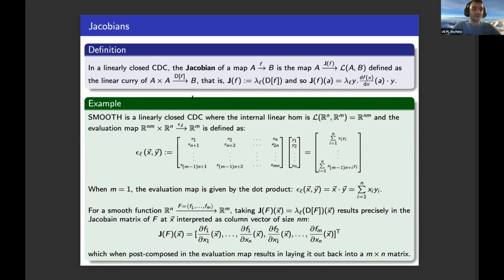And the cool thing is that when you have m equals 1, then this evaluation map gives you back the dot product of vectors. Now for a smooth function, it turns out that the Jacobian in the CDC sense is just the Jacobian matrix laid out as a column vector. And you re-obtain the Jacobian matrix when you input it into the evaluation map.